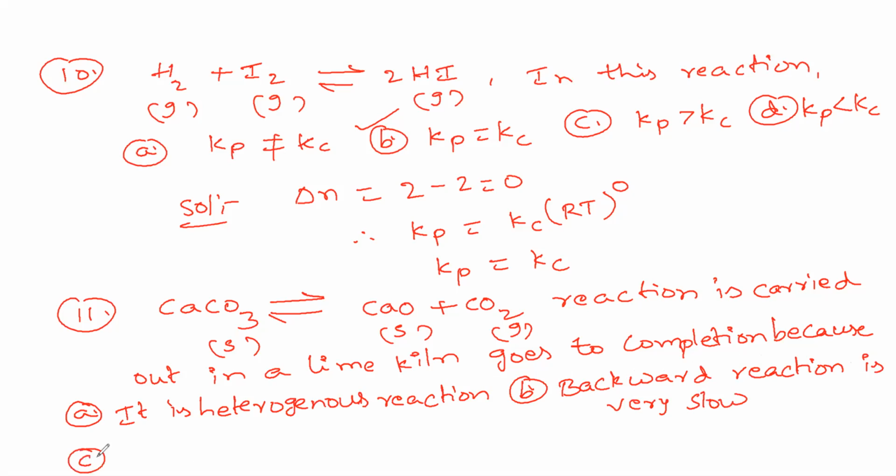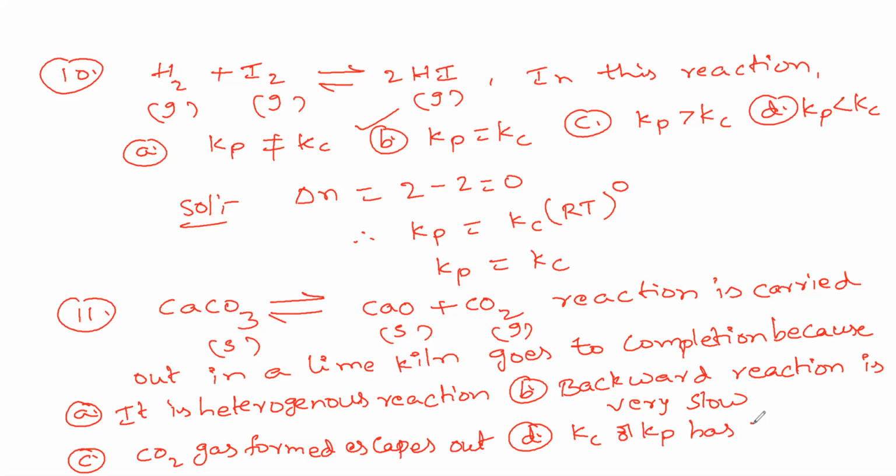Option C, carbon dioxide gas formed escapes out. Option D, Kp or Kc has no unit.